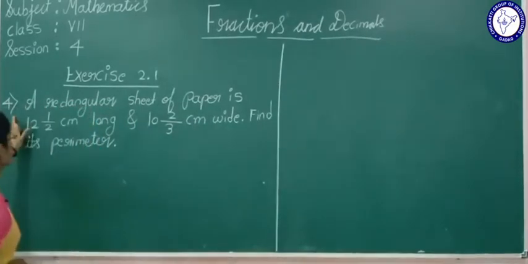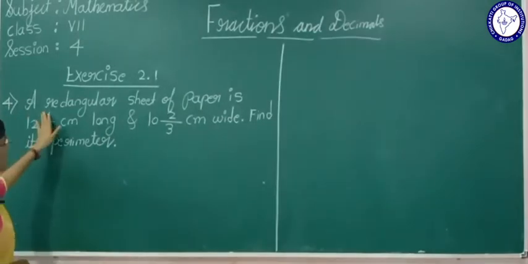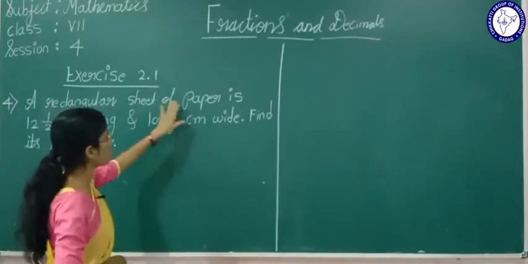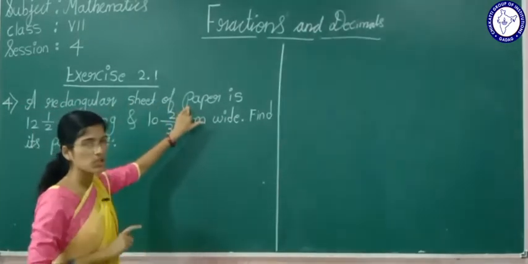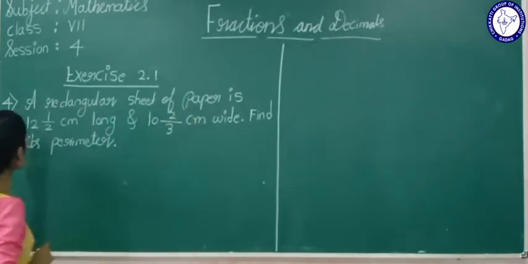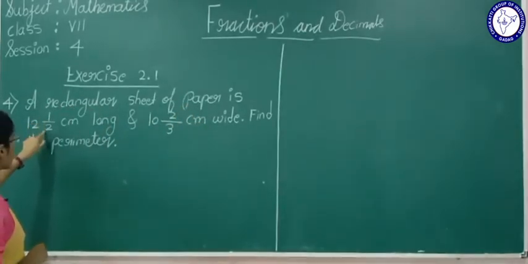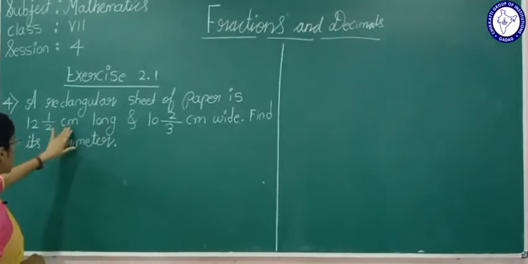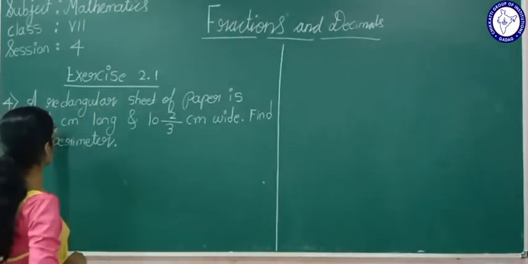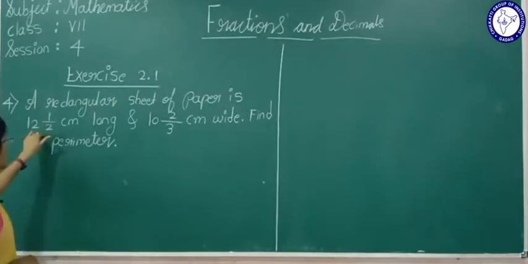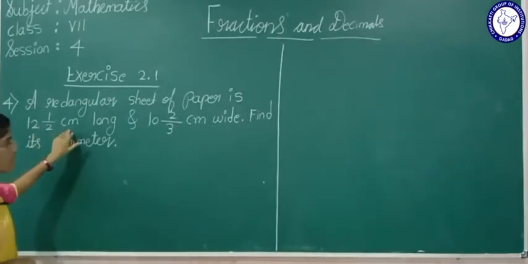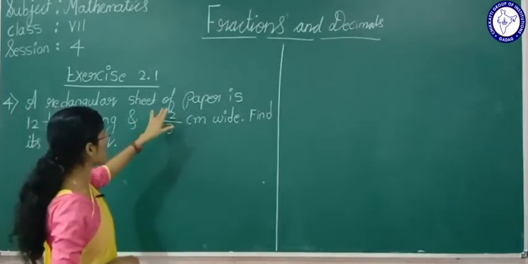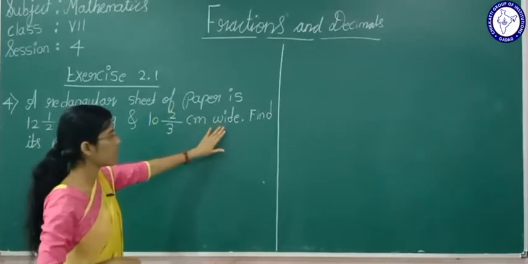The fourth question tells us that a rectangular sheet of paper is 12 integer 1/2 centimeter long, and 10 integer 2/3 centimeter wide.